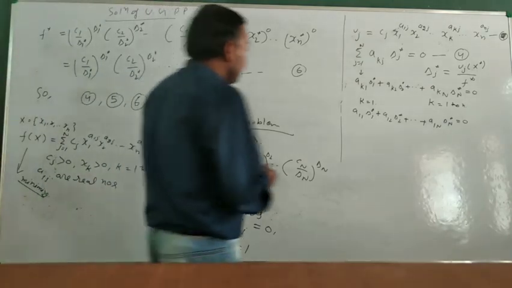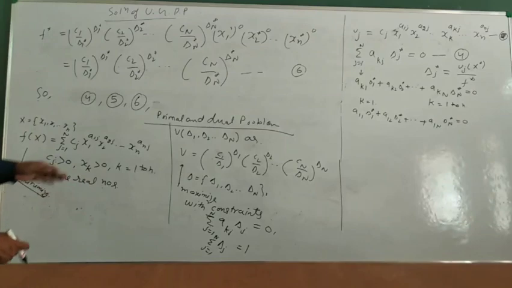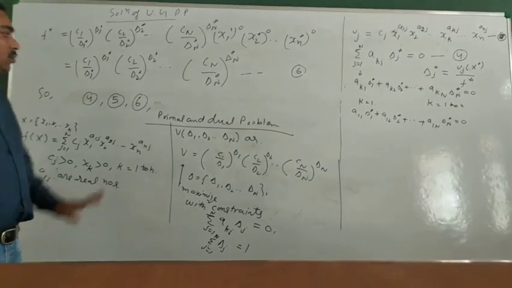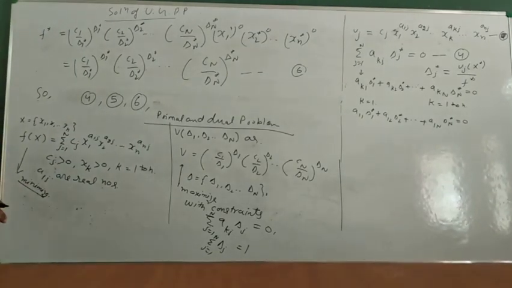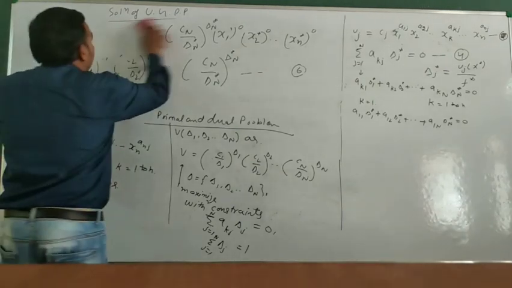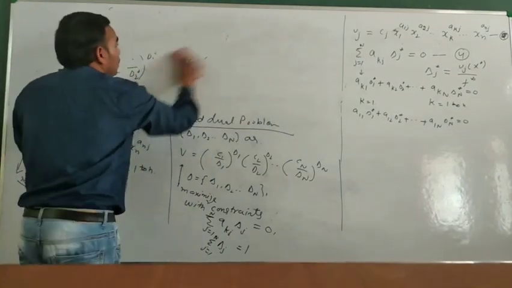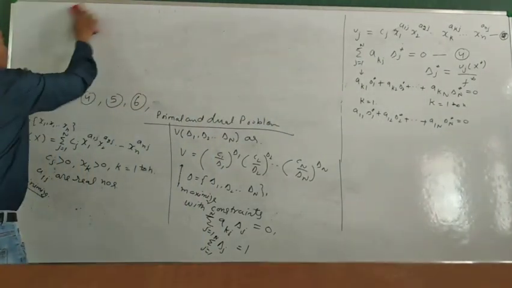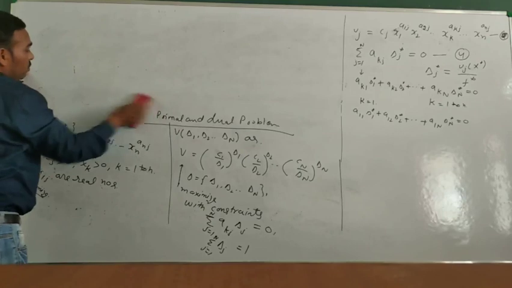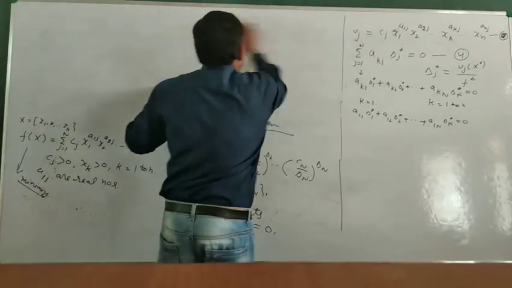So this is the proof, this is the relation between primal and dual problem. Now we want to solve a problem so that we can understand properly.